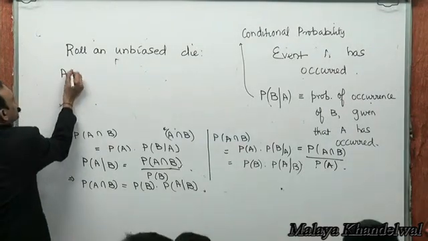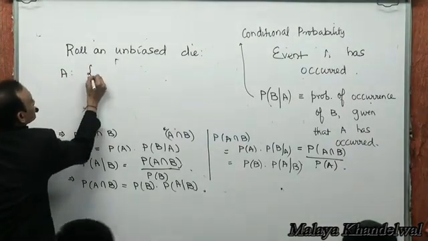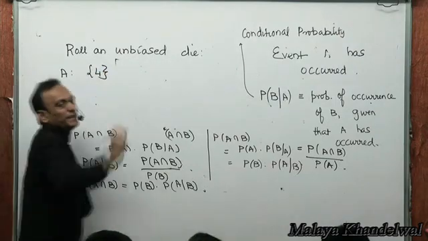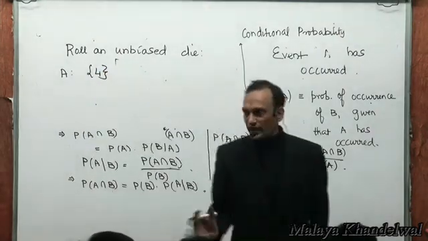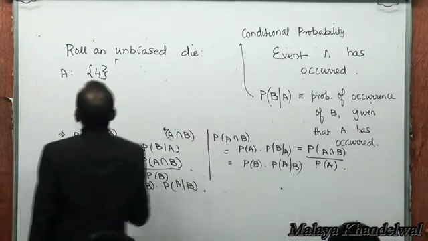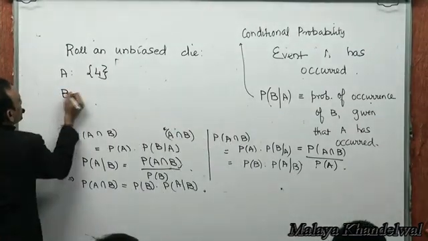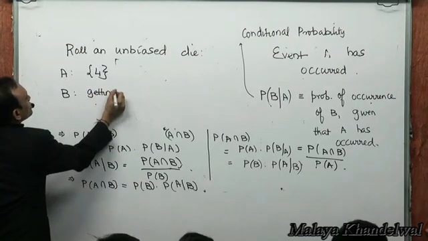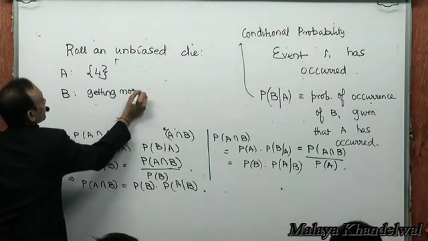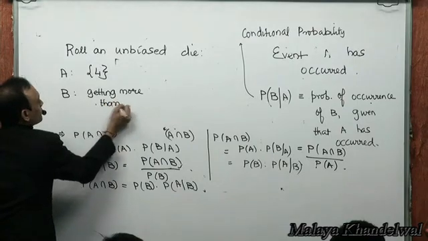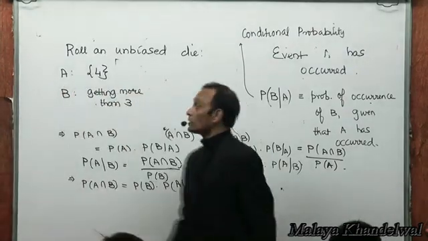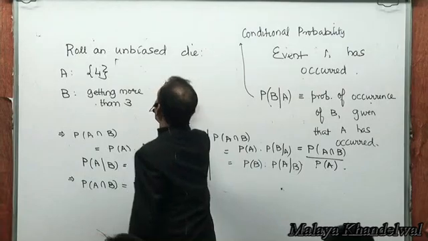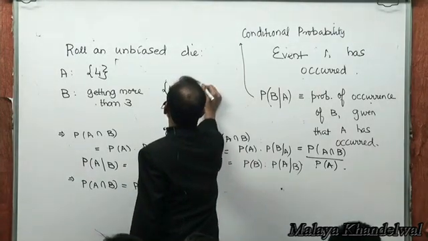Say A be an event of getting 4 when I roll the die, and B be an event of getting more than 3. That means B would have elements 4, 5, 6.